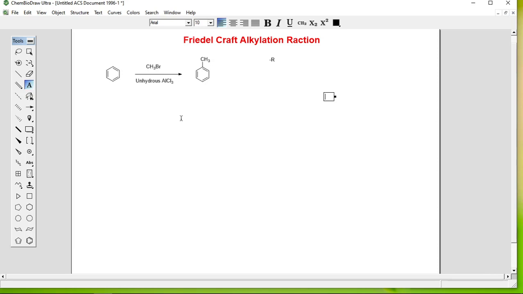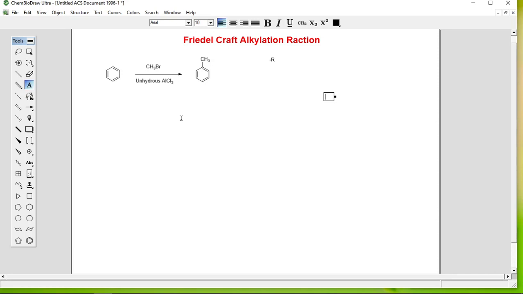When benzene is mixed with an alkyl halide and a small amount of anhydrous aluminum trichloride, a vigorous reaction takes place to give alkylbenzene, and thus this reaction is known as the Friedel-Crafts alkylation reaction.